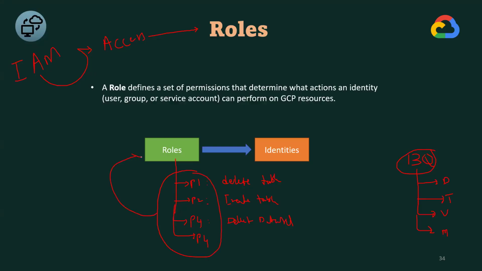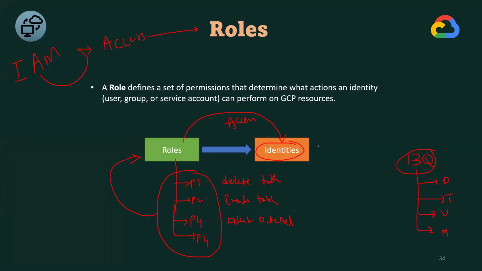You create the set of permissions as a role, you assign this role to the identities, so that's where the identities get access. So in IAM, I stands for identity, A stands for access. Access is done via roles.